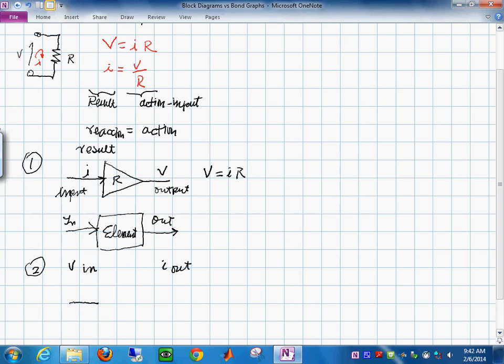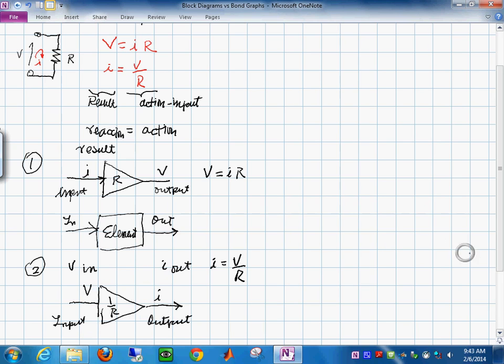We have in here the equation that says that I is equal to V divided by R, like that. So isn't it true that if the input is V here, and I represent it with this block diagram, I would have to multiply by 1 over R, and the output becomes I. See? This is the input, and this is the output.